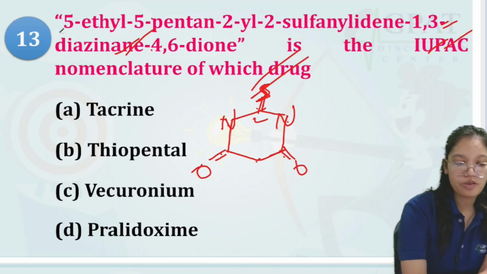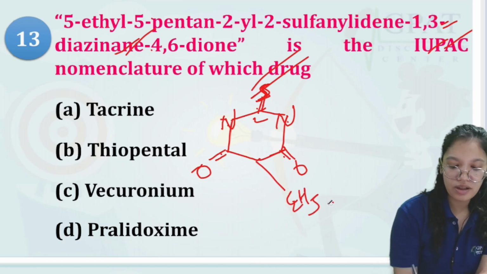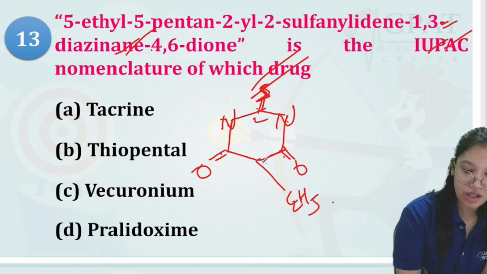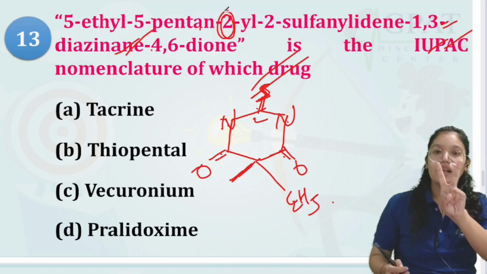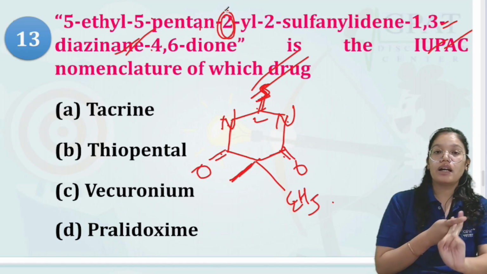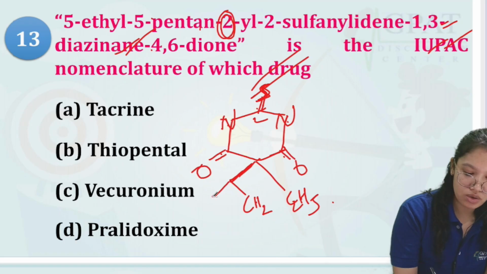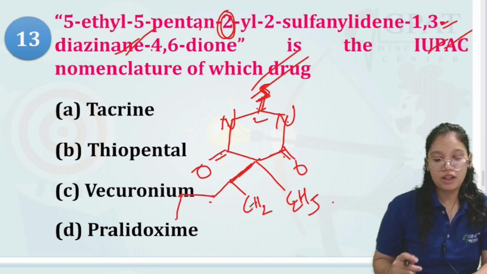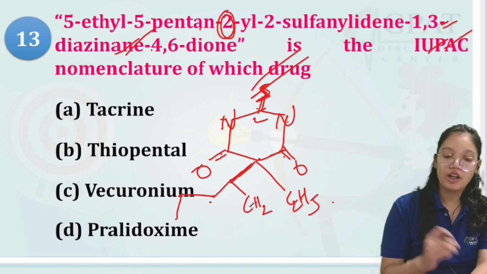Now it says 5-ethyl, so at the fifth position we have C2H5, and again at the fifth position we have a pentane, and the second carbon of that pentane is attached to this ring. So here we have CH2, then 1, 2, 3, 4 and 5. So this is the structure of the drug, and we have to tell the name.